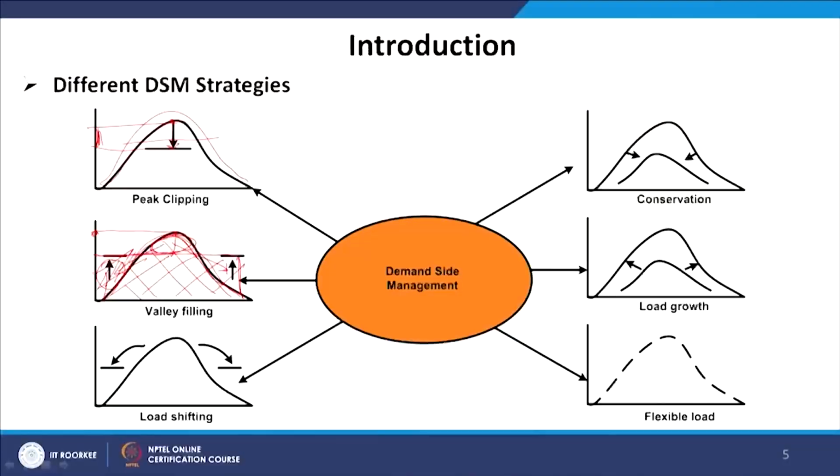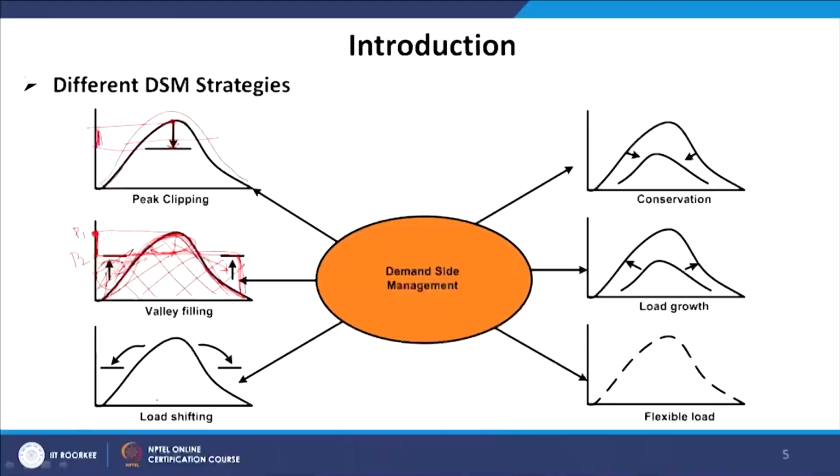The energy under this characteristic remains the same as before, but the peak is reduced from P1 to P2. So the difference between P1 and P2 will help me accommodate other customers, or even if the per capita consumption of the customers increases by a few percent, I can still manage with this valley filling instead of putting new generation into the system.